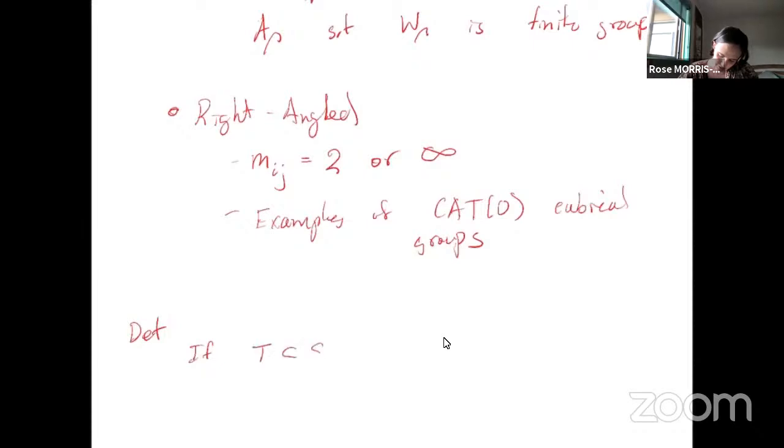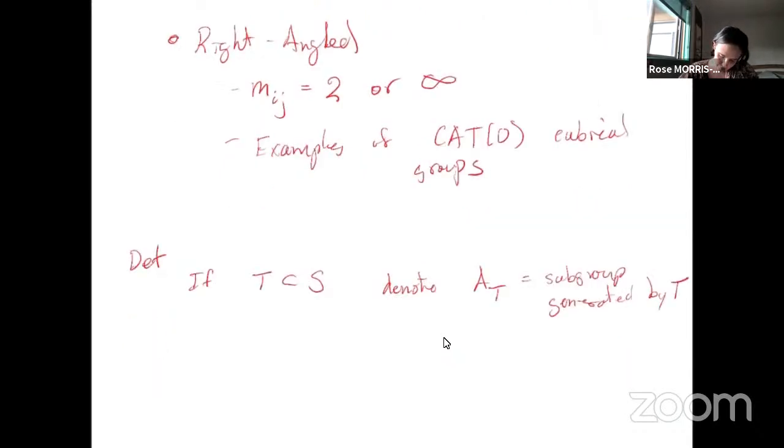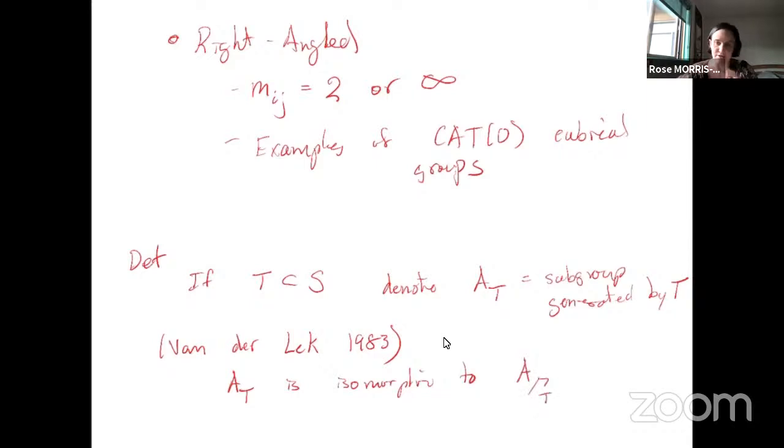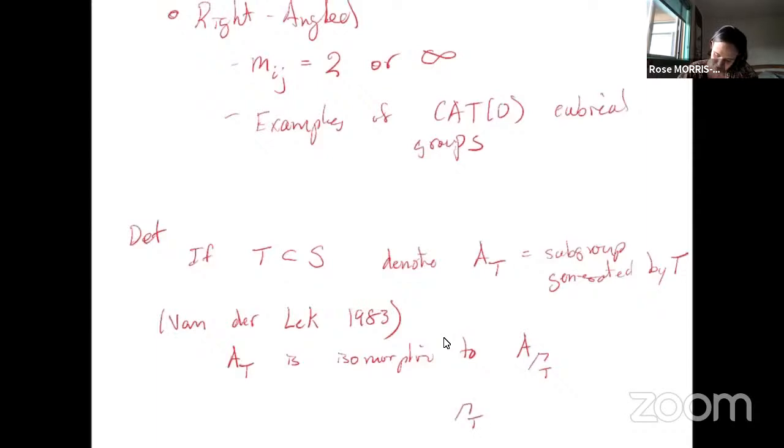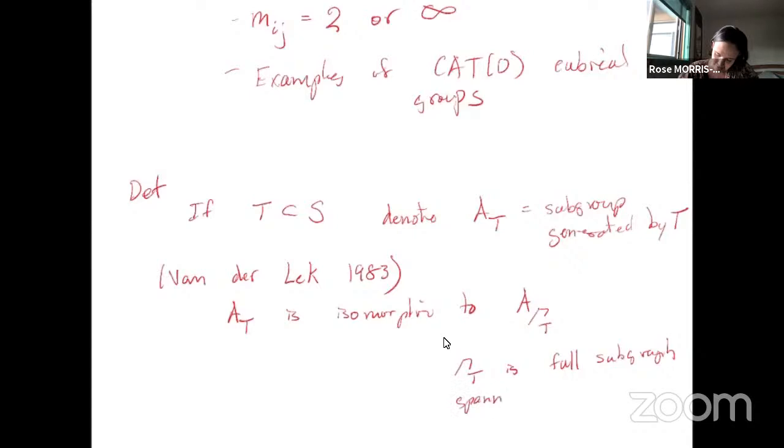If T is a subset of my generating set S, then I denote by A_T the subgroup generated by T. And there's a result by Van der Lek in 1983, this is his PhD thesis, that says that this subgroup is isomorphic to the Artin group that's just generated by the subgraph of my graph, where gamma_T is the full subgraph spanned by T. So the idea is I can take a subset of my generators and look at the subgroup that's just generated by those, and it turns out that's actually an Artin group.